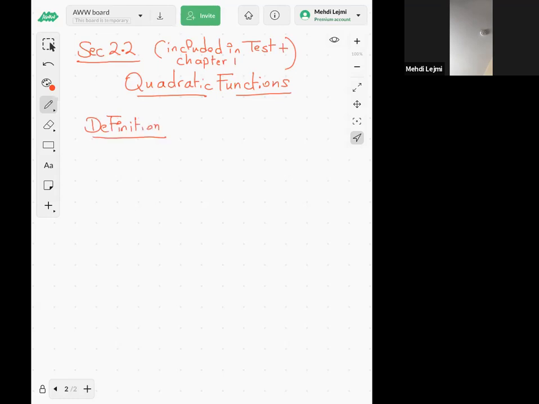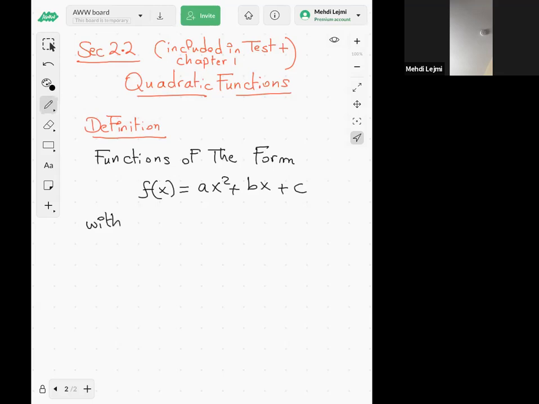So functions of the form f of x equals ax squared plus bx plus c, with a non-zero, this is really important. If your a is 0, then it's not a quadratic function. So functions with a non-zero are quadratic functions.